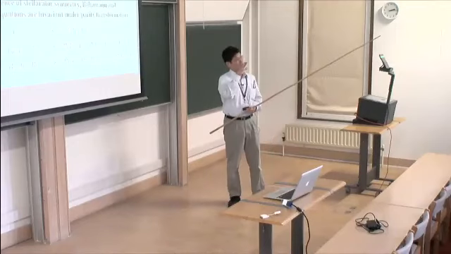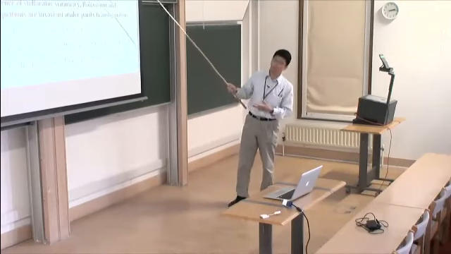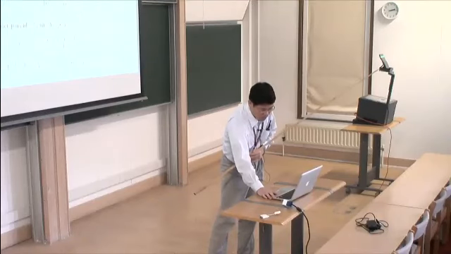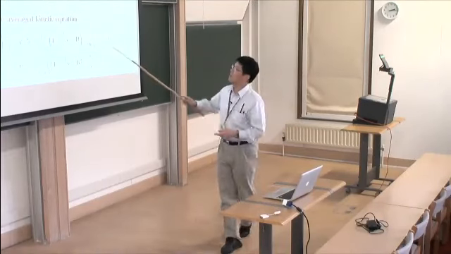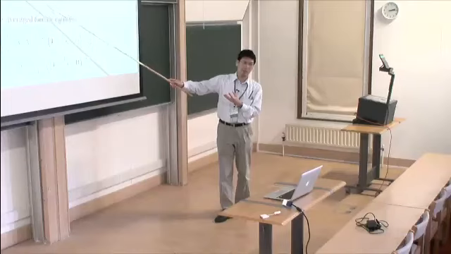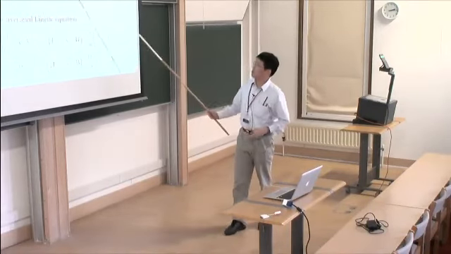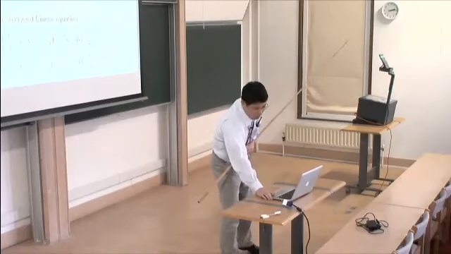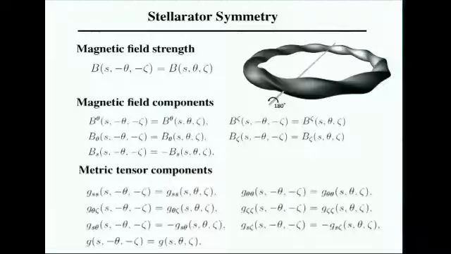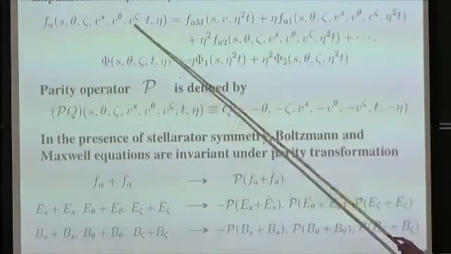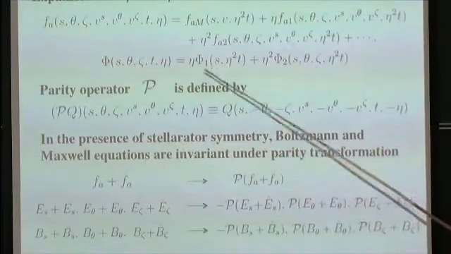Then that naturally introduces the kinetic ordering, the small gyroradius ordering, in the original equation. Please imagine we put inverse eta here. Then the solution of this equation and the Maxwell equation is also considered as an explicit function of eta. This corresponds to the small gyroradius expansion of the distribution function and also the electrostatic potential.